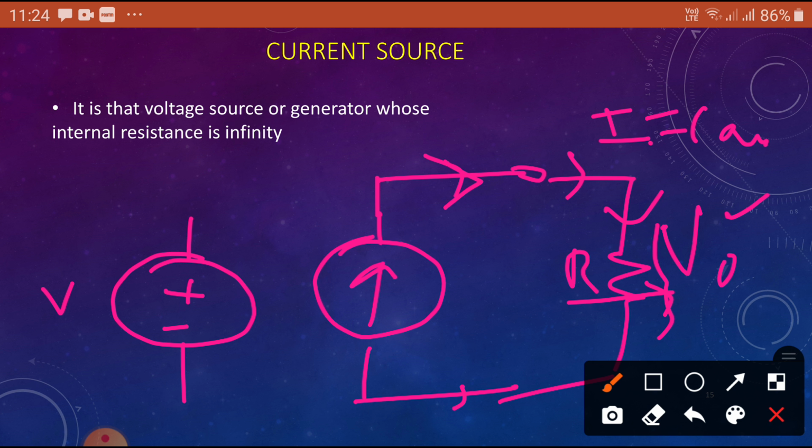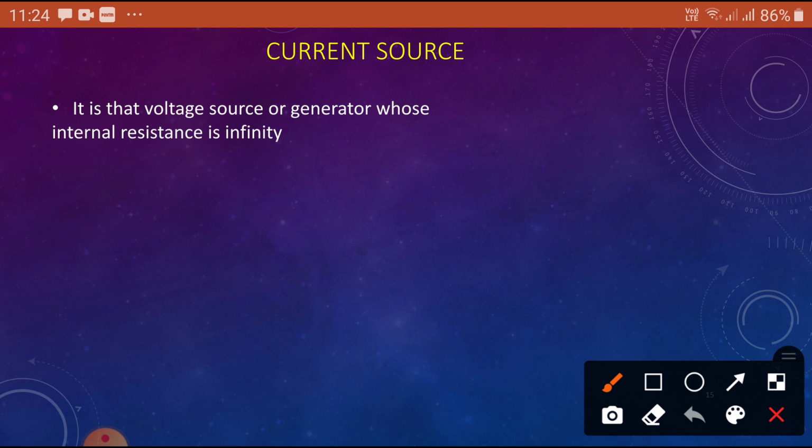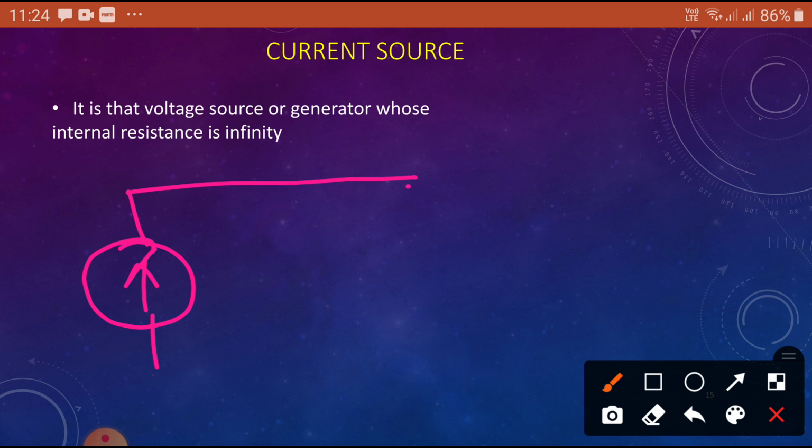Okay, so now let us see the first one. It is that voltage source or generator whose internal resistance is infinity. What is the meaning? The current source is connected to a resistance, the load.